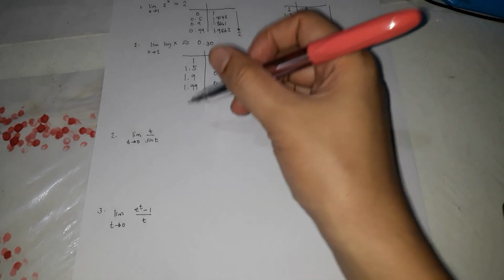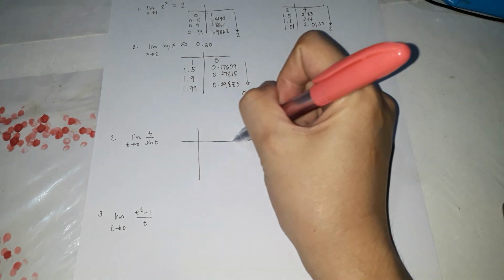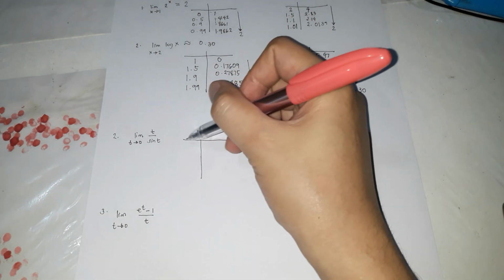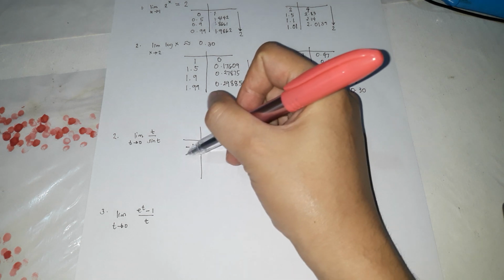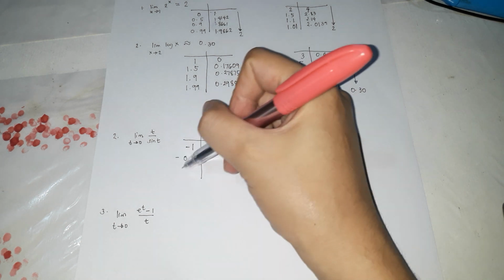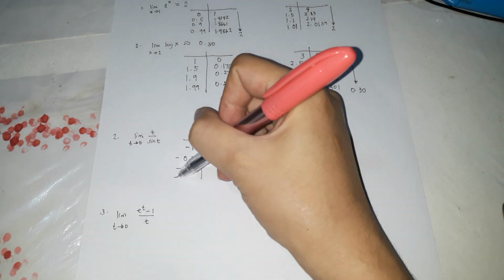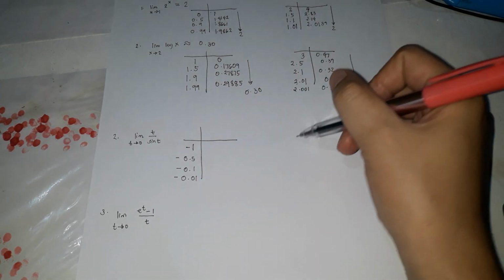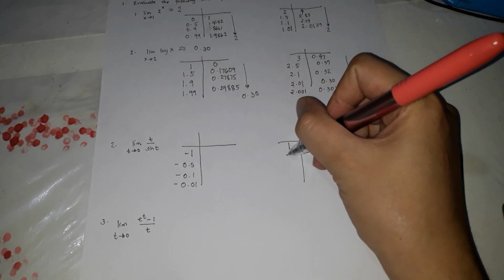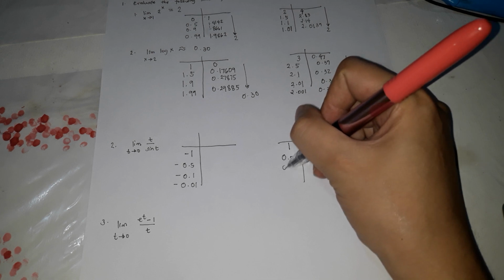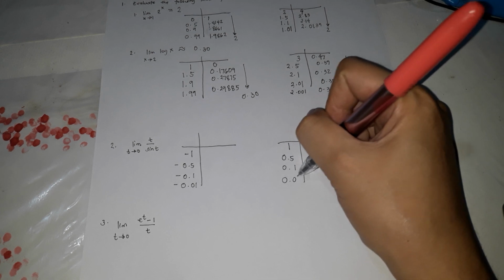The limit of t over sine of t as t approaches 0. So since it approaches 0, our values would approach 0: negative 1 first, then negative 0.5, negative 0.1, then negative 0.01. From the right of 0, positive 1, 0.5, 0.1, 0.01.